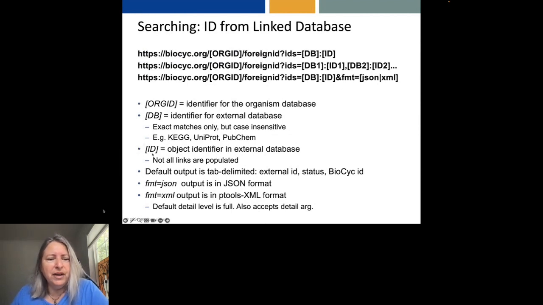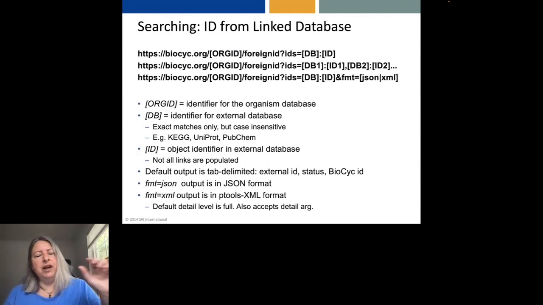And then you need the ID in the external database. Again, the default output is going to be tab delimited, where if you supply multiple IDs, it will list for each external ID whether or not a match was found, and if so, what is the BioCyc ID. This one is an example where you're supplying multiple IDs, comma separated.